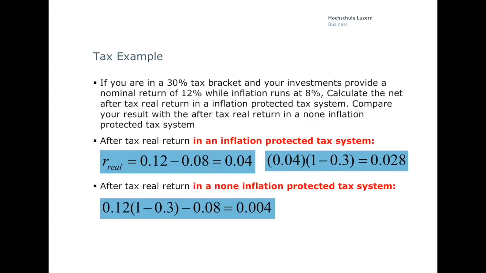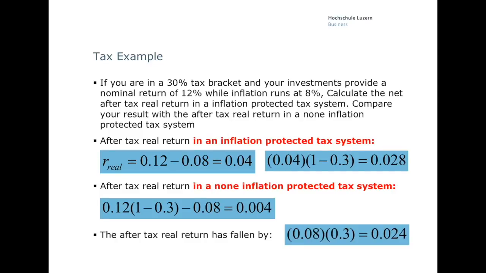The after-tax return in a non-inflation protected tax system is actually calculated by multiplying the nominal rate of interest of 12% times 1 minus tax, minus the inflation rate of 8%, resulting in 0.4% of real return. Now, if you compare the inflation protected tax system with the non-inflation protected tax system, you see there is a difference of 2.4%. The incremental tax liability is therefore the inflation times the tax bracket.